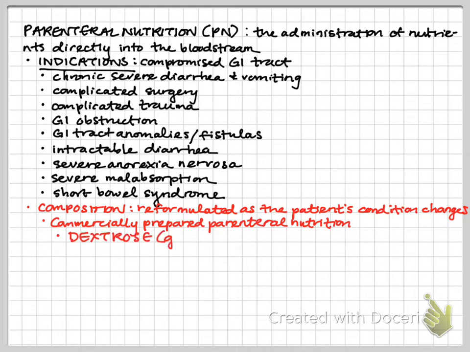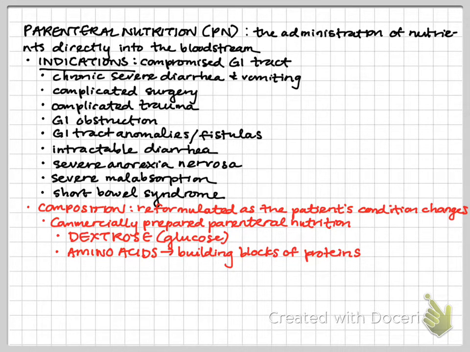So that's glucose, that's sugar. And that's going to provide the bulk of the calories in TPN. There are also amino acids. And if you remember way back from A&P, way back from level 1, I'm sure they mentioned it in 2 and 3 as well, these are the building blocks of proteins.